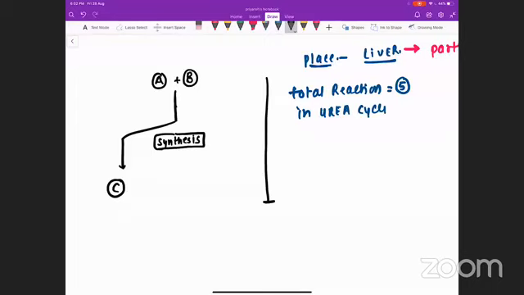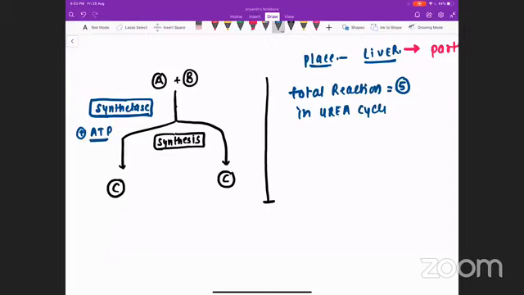If this process requires ATP, or I can say energy is required, then the name of the enzyme is going to be synthetase. If you require energy for the synthesis of any molecule, the enzyme is synthetase. If A and B unite and make the molecule C without ATP, or without energy, then the name of the enzyme will be synthase.